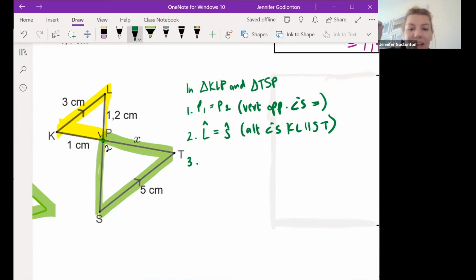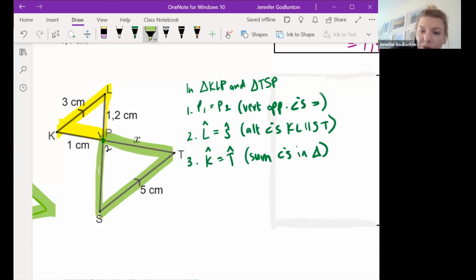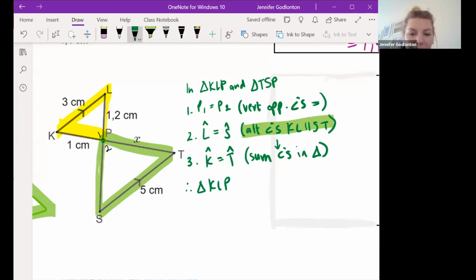You can say that K is equal to T also because of alternate angles, or we could say angle K is equal to angle T because of sum of angles in a triangle. But just be careful, you could have also said this reason over there if you wanted to. Okay, we have our 3 reasons. So then we can say, therefore, triangle KLP is similar to triangle TSP because of AAA.